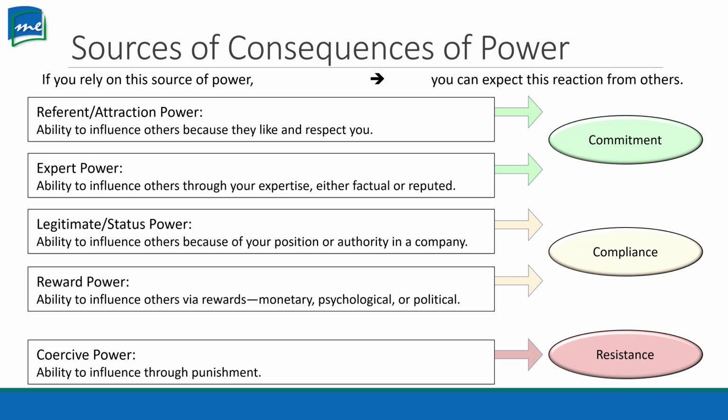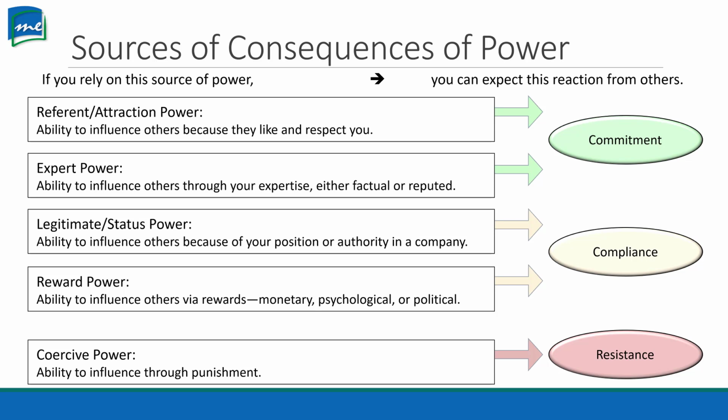So we have our sources of power here, our sources and consequences of power. On the left-hand side, the types of power, and on the right-hand side, the reaction to the power. So we have the reference or attraction power. These are the people that can influence because you like them or you respect them. If you're one of these people where people like you or they respect you, you're going to get commitment out of people, even though you might not have actual legitimate power.